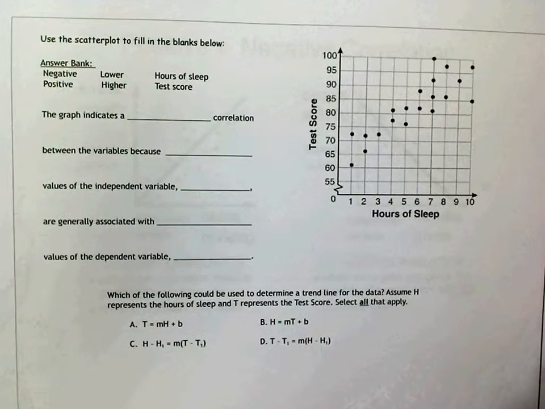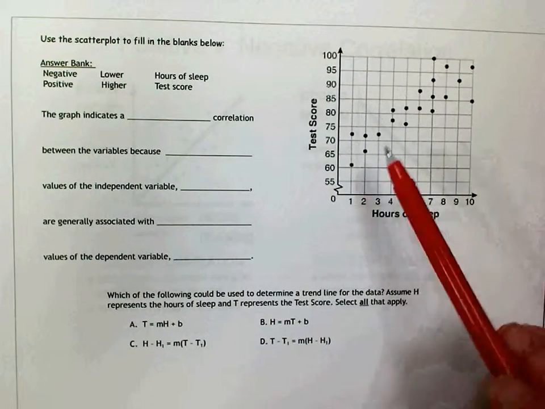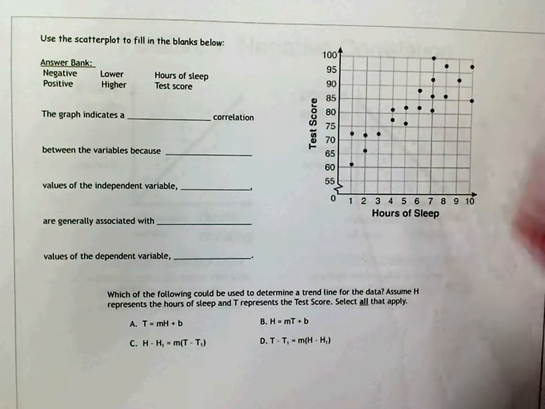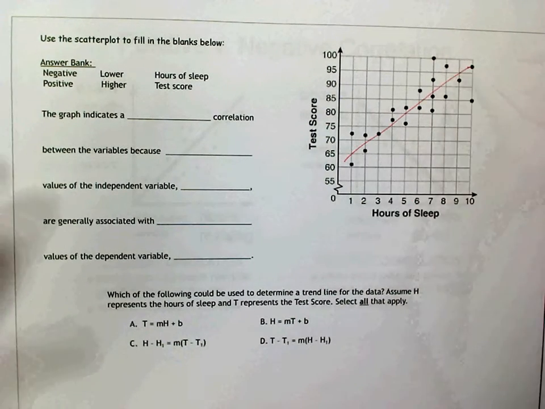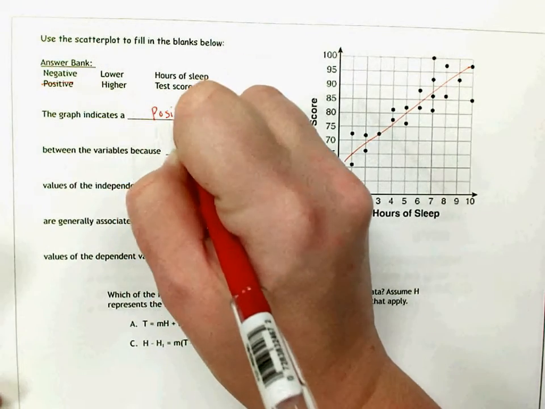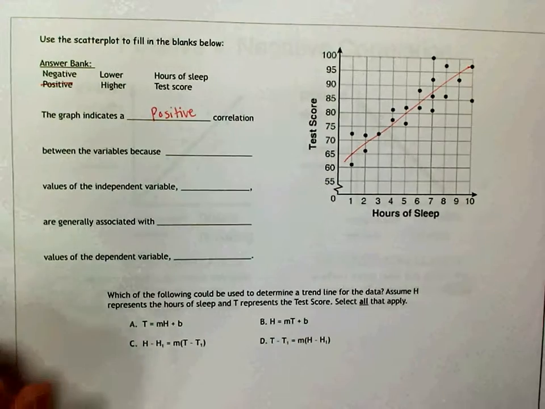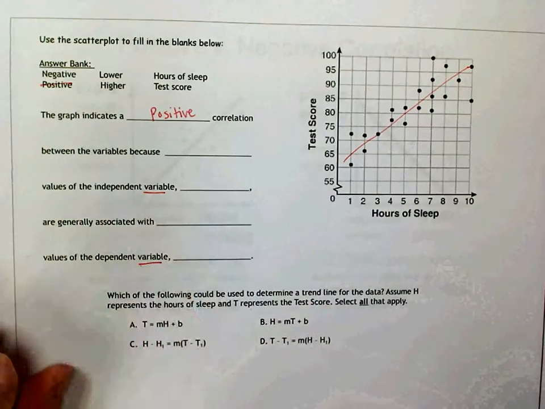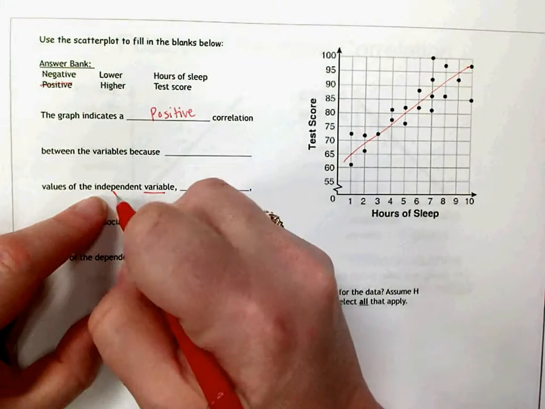So here is our trend of our dots going uphill or downhill. We can see they're going this direction, so that means we have a positive correlation. I'm going to go here to tell what my variables are. Independent is x. I go to the x-axis.